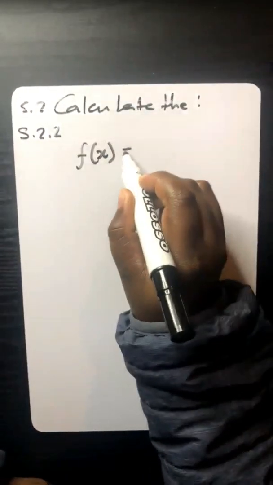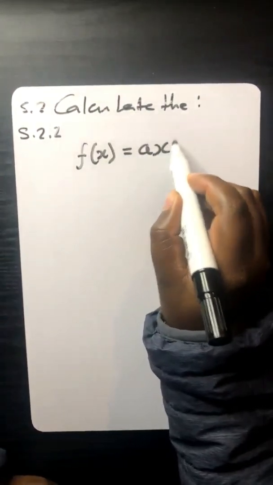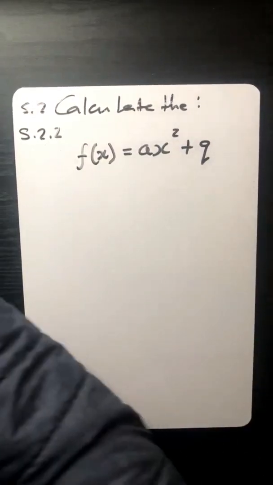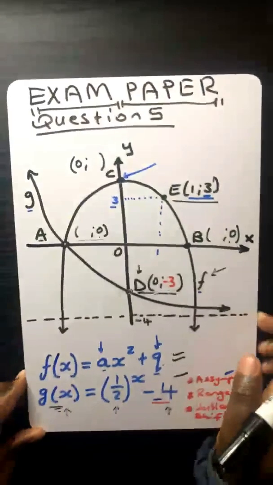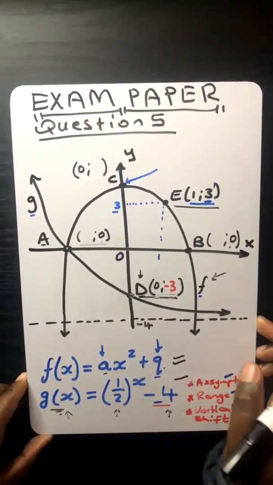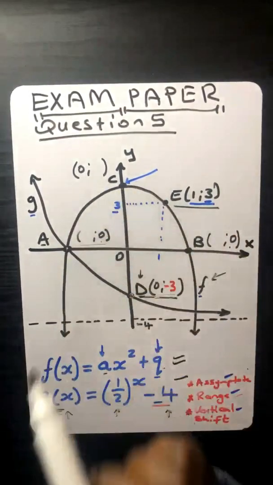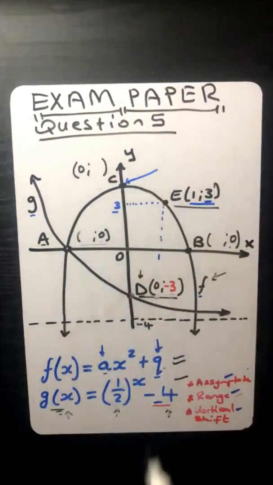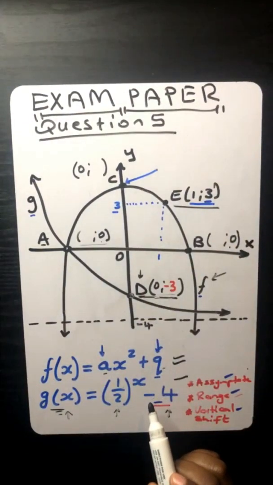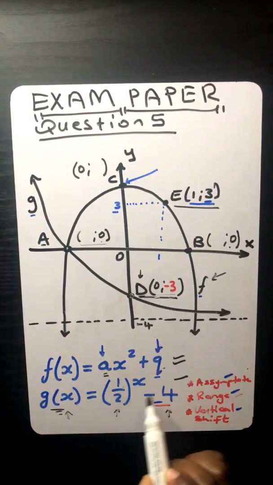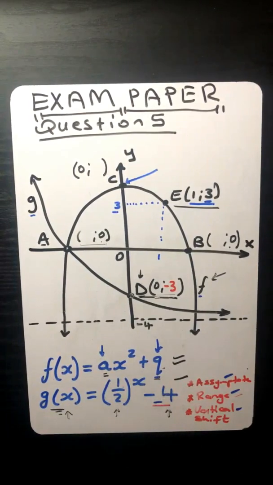F of x is equal to a to the exponent x plus q. Based on this function, ladies and gentlemen, where is it? There it is. Okay, based on this, what are our expectations with regards to the A value and the Q value?